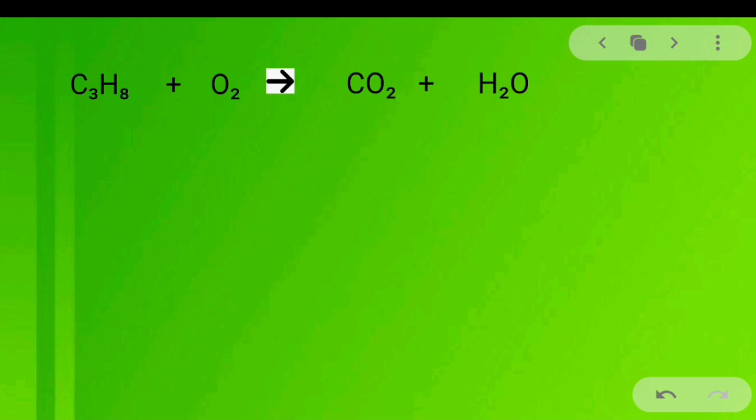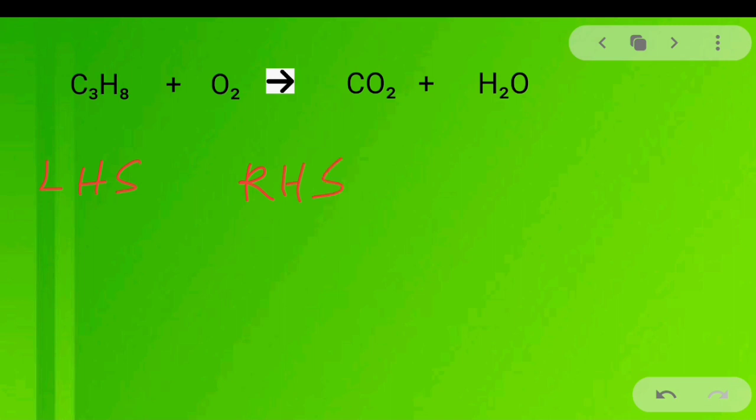You can see the equation is not balanced because the number of atoms present in LHS is not equal to the number of atoms present in RHS. Now let us write the number of atoms present in LHS, and this is the RHS.